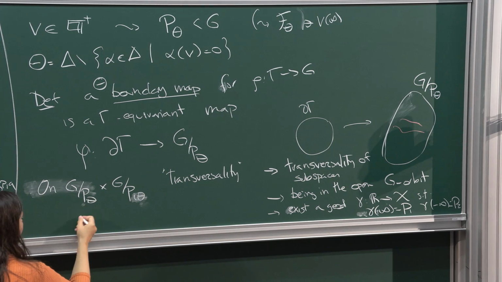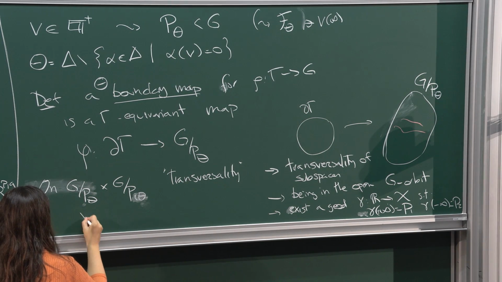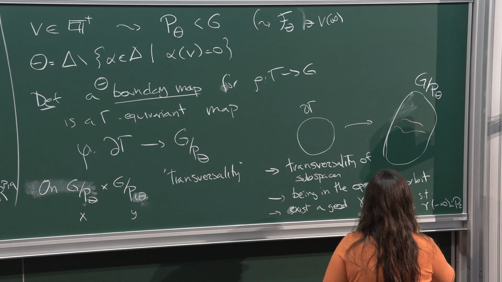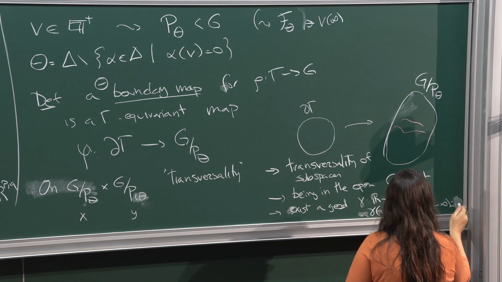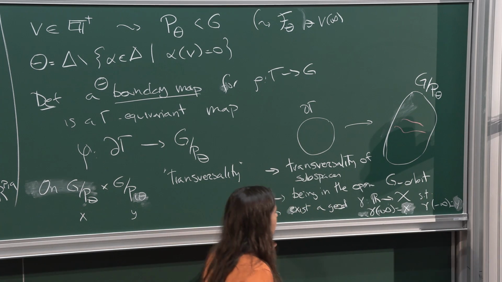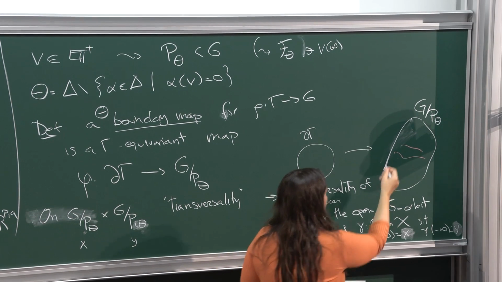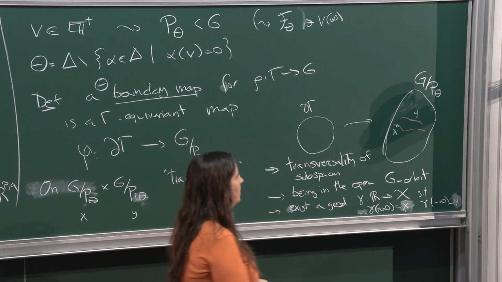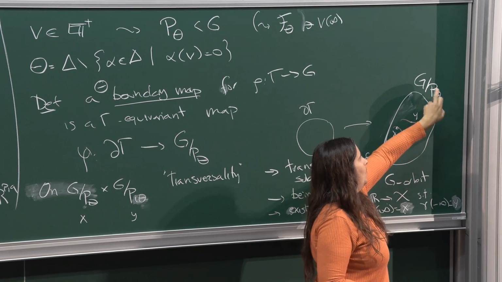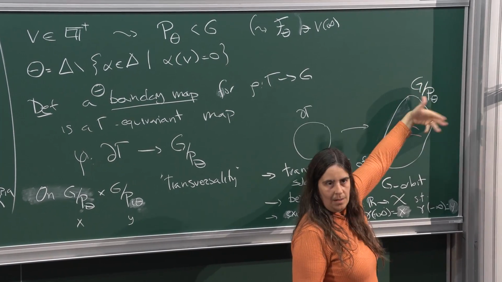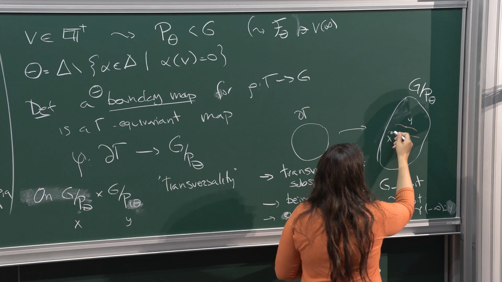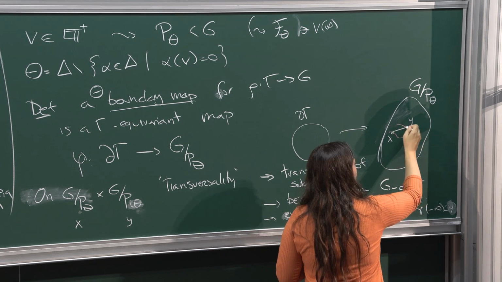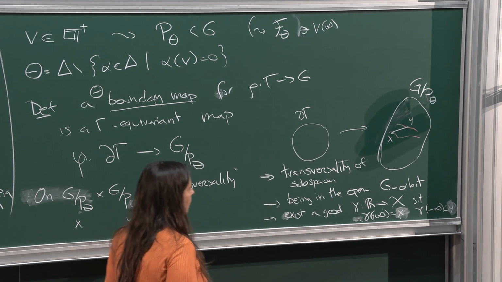Meaning that a pair, let me call it X and Y, is transverse: I take two points X and Y in this flag space, where I assume that P theta is equal to P involution of theta, and I want that in the symmetric space there is a geodesic that goes from this point at infinity to the other point.